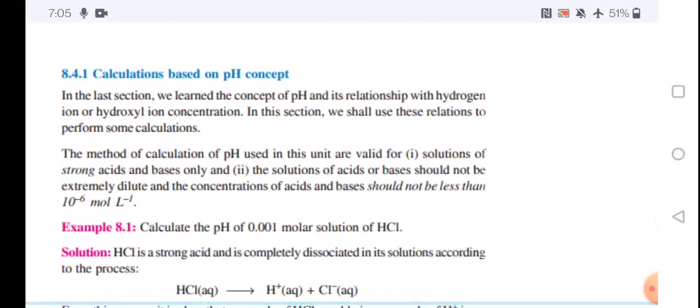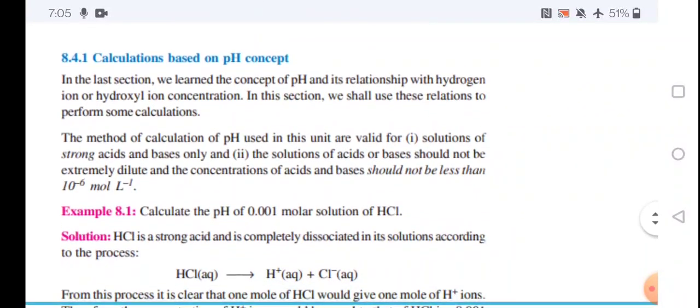Calculations based on the pH concept. In the last section, we learned the concept of pH and its relationship with hydrogen ion and hydroxyl ion concentration. In this section, we shall use these relations to perform some calculations.